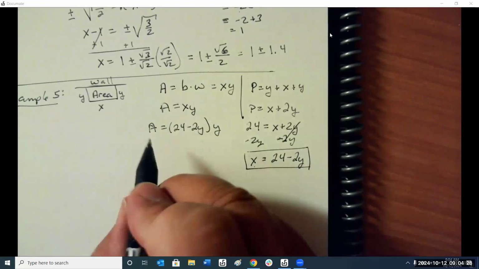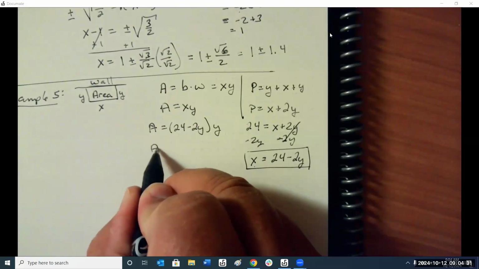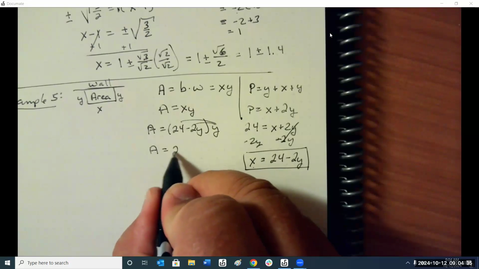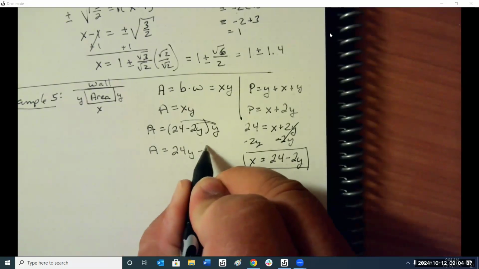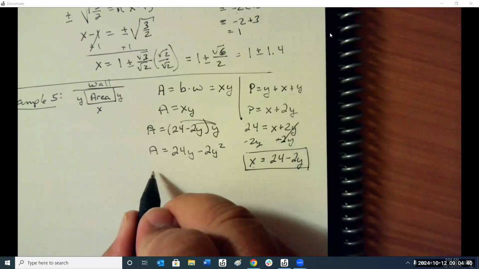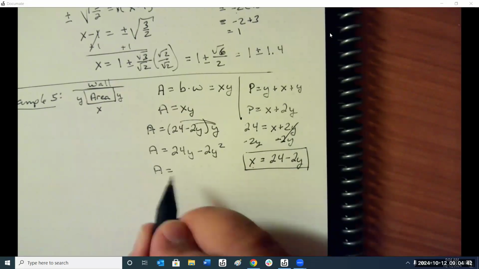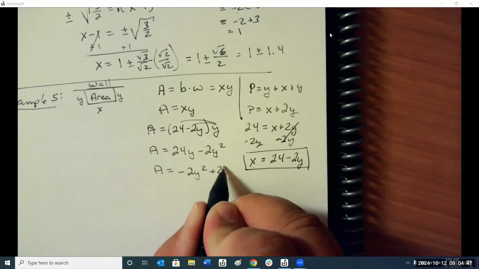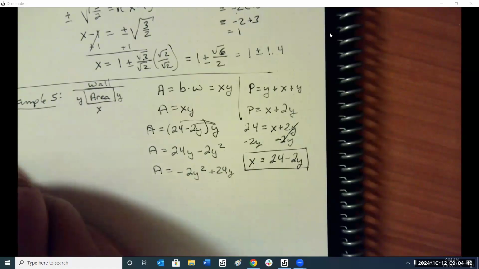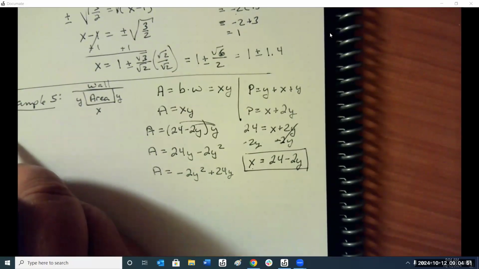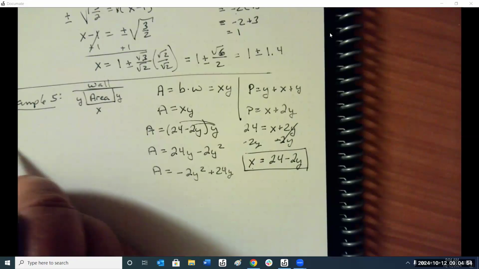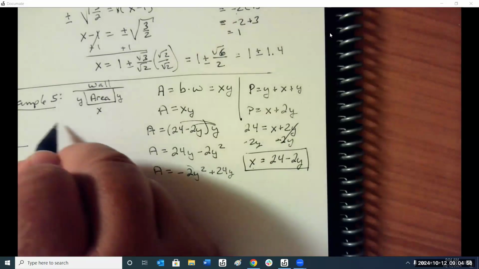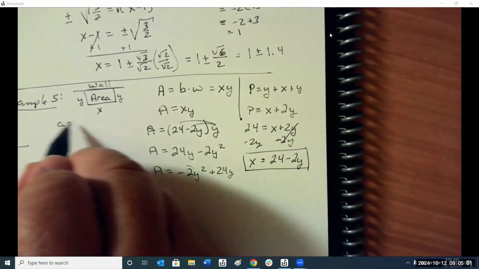Okay, let's look at this one. If we distribute, we get 24y minus 2y squared, so it's negative 2y squared plus 24y. We know our graph is going to be a downward graph because a is negative 2.